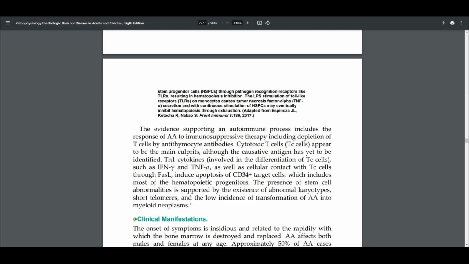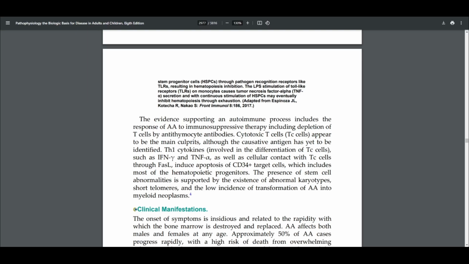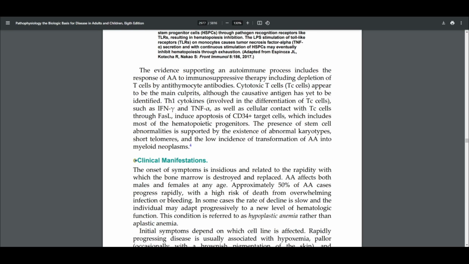Your Th1 cytokines, such as your IFN gamma and TNF alpha, as well as the cellular contact with Tc cells through the FASL, induces apoptosis of CD34 plus target cells, which includes most of the hematopoietic progenitors. The presence of stem cell abnormalities is supported by the existence of abnormal karyotypes, short telomeres, and a low incidence of transformation of your aplastic anemia into myeloid neoplasms.